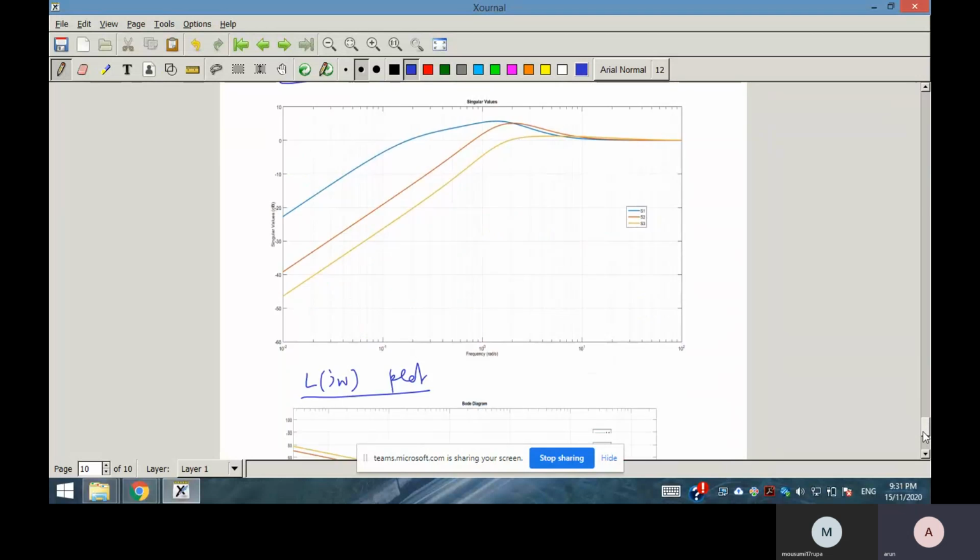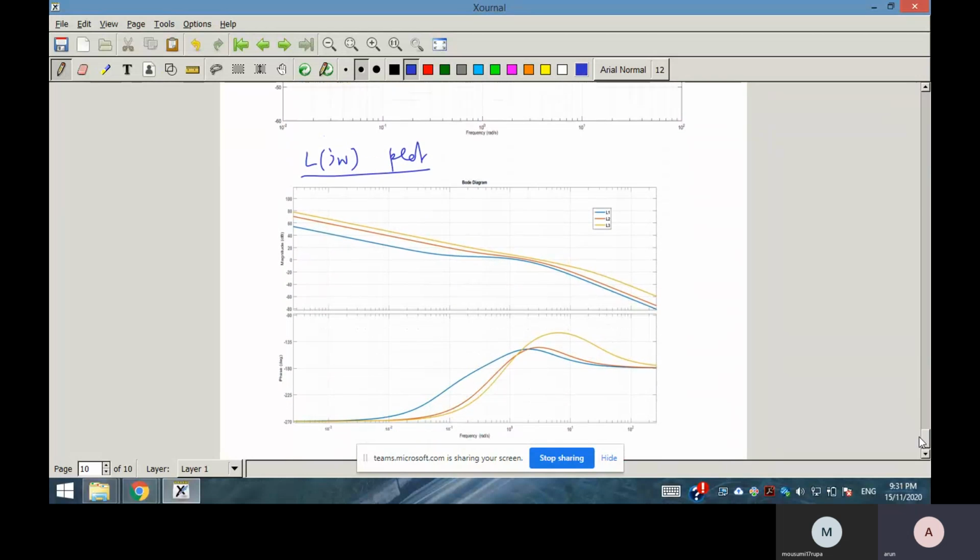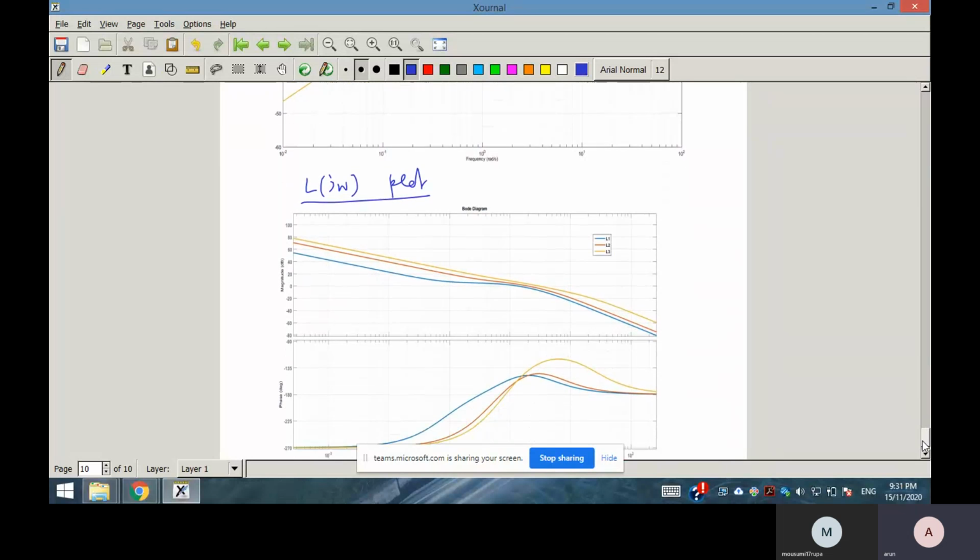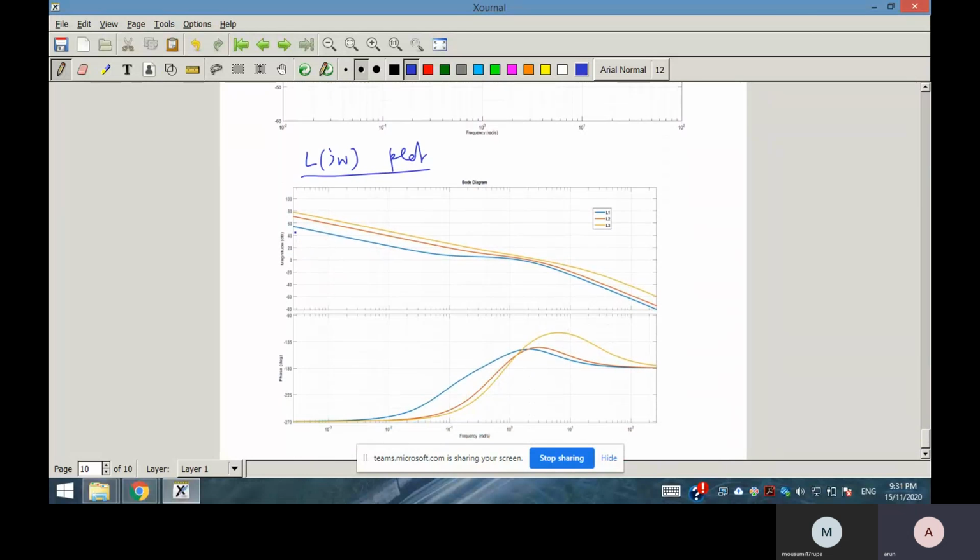Now in case of loop transfer function also, you can see L1, L2, L3. So L1 you can see here, in case of low value of Q hat, your loop gain is less at low frequency. Okay, but the high frequency cutoff is good, the roll off rate is good at high frequency.